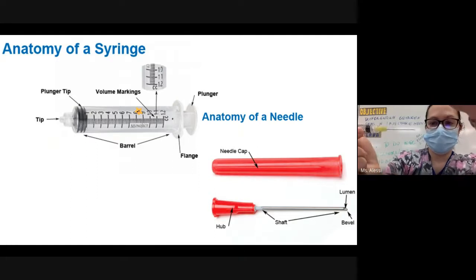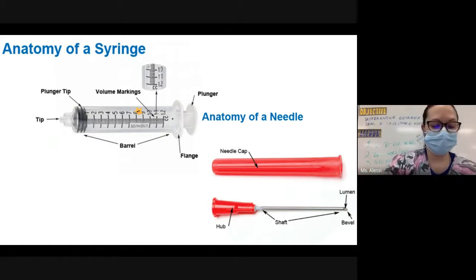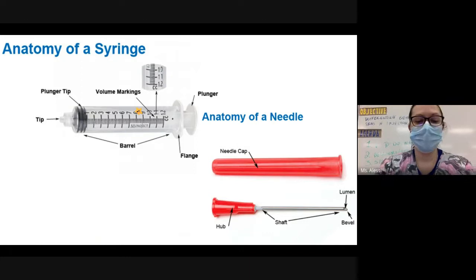The lumen is the hole part, and then this giant metal piece is the actual shaft, okay? Then when I'm capping needles, I'm always going to cap one-handed, just to be safe so I'm not poking myself. That's something we do as a precaution. Again, we don't want to stab ourselves with the needle.